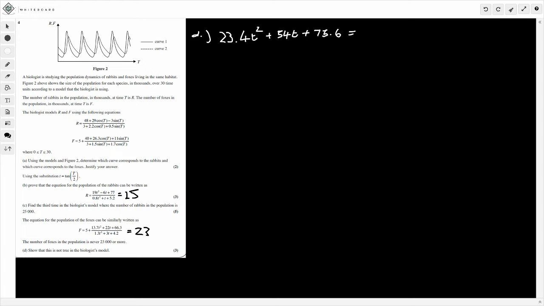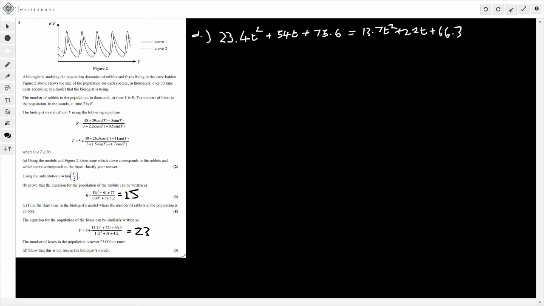So that's going to be equal to 13.7 t squared, and 22t. That's a plus, believe it or not. Plus 22t plus 66.3. So let's simplify this now.